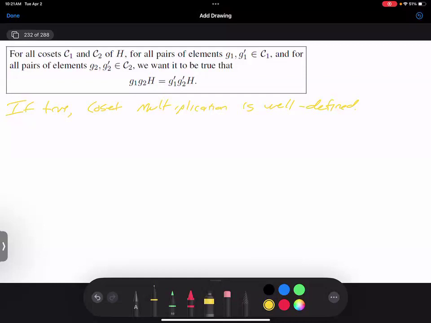And what should be your go-to things to check for subgroups? The identity and the whole thing. So if I take H to be G, then clearly it's true. If I take H to be just the identity element, it's true. So it's trivially true if H is just the identity for all of G.